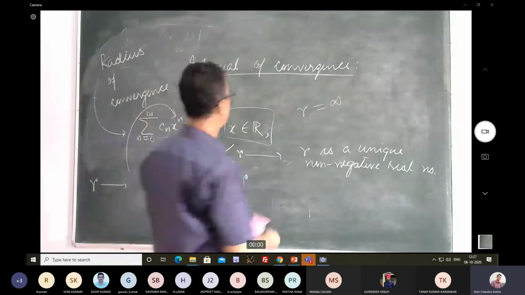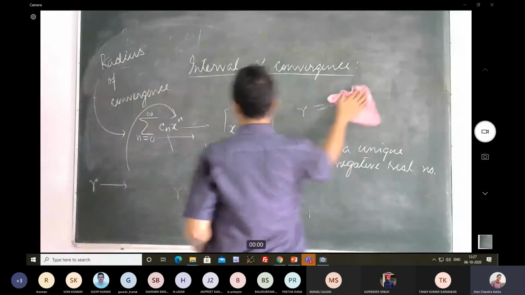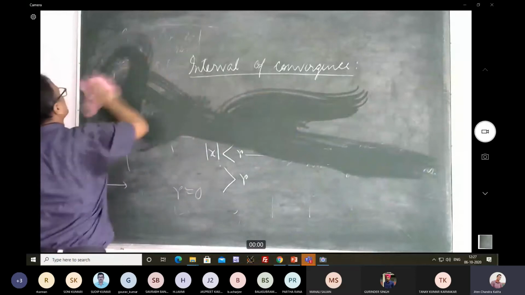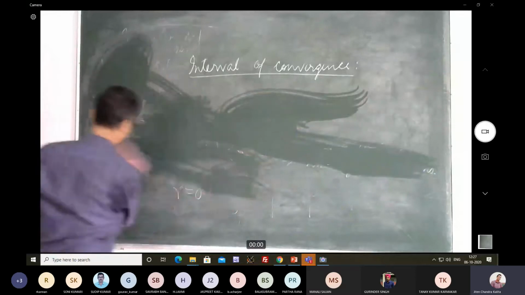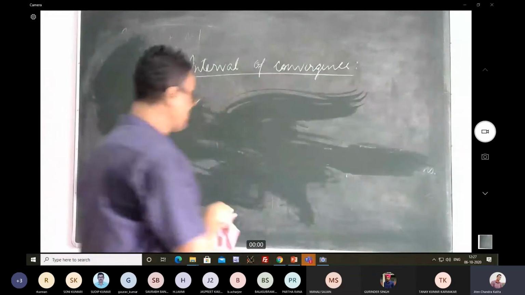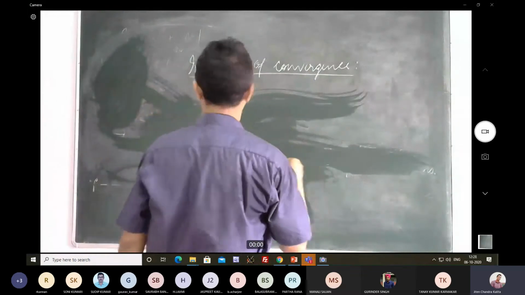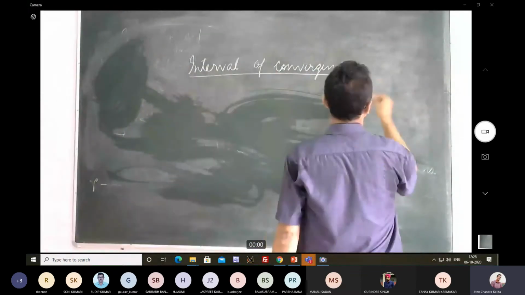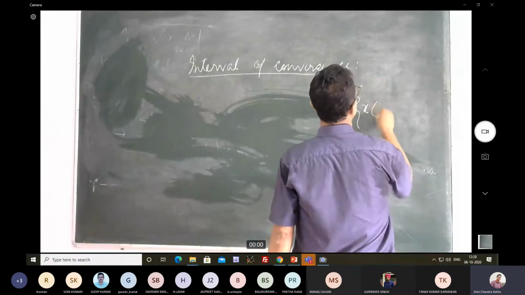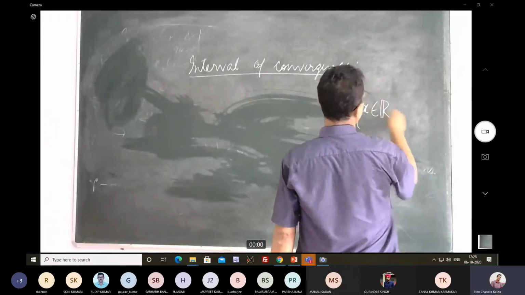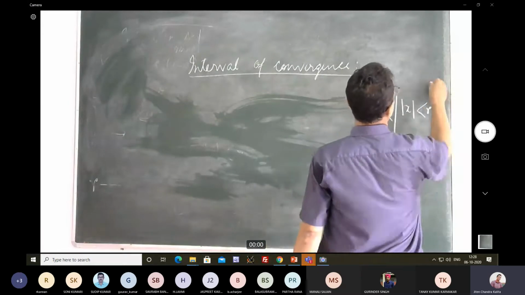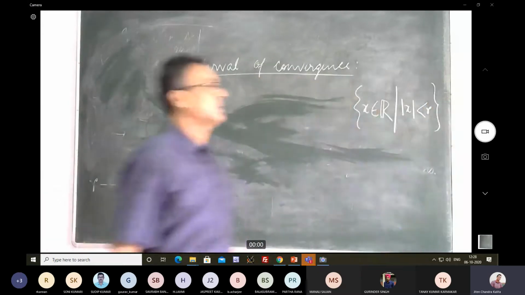Then suppose I consider this set, x belonging to R, x a real number such that mod x is strictly less than r.